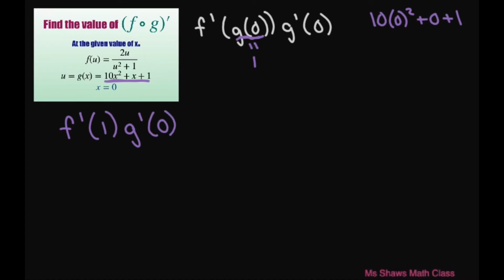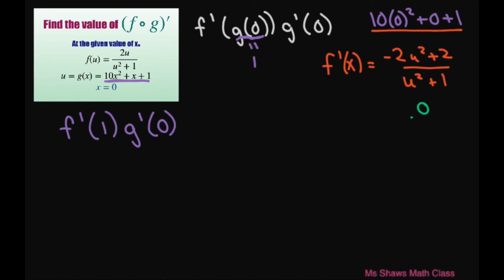I need to write down my f prime of u real quick. That was negative 2u squared plus 2 divided by u squared plus 1 squared. So substituting in a 1 here, we're going to get 0 in the numerator and 4 in the denominator.